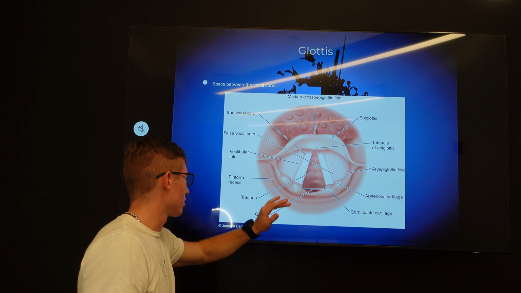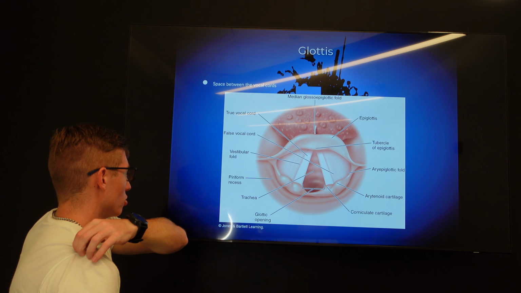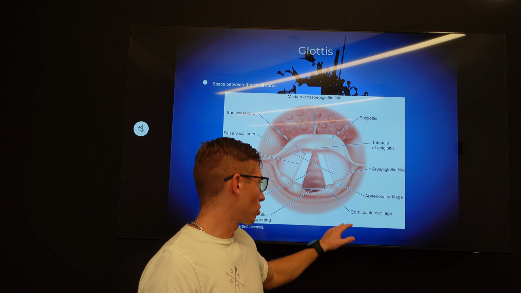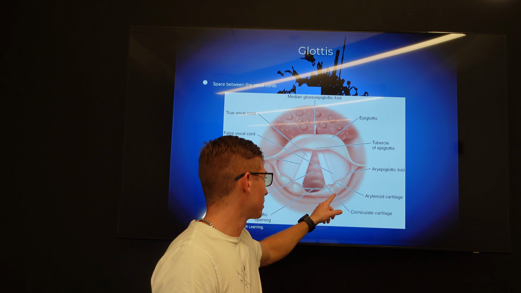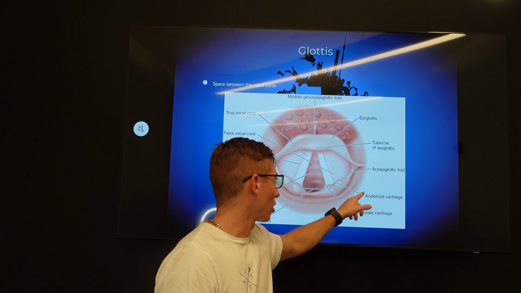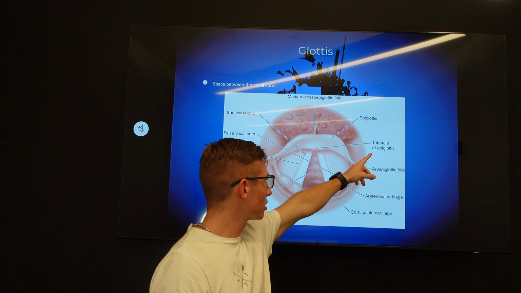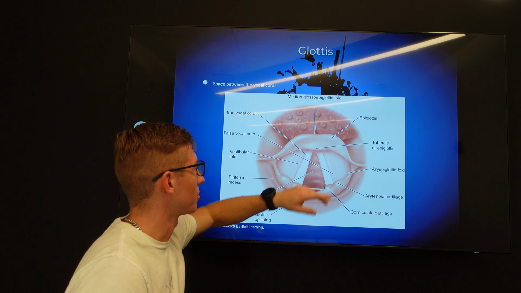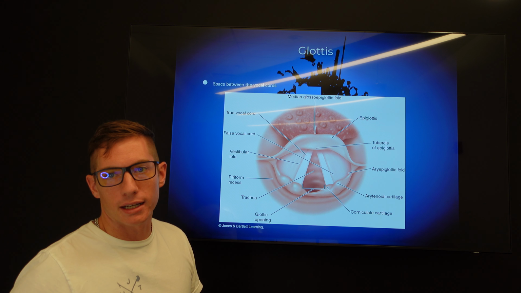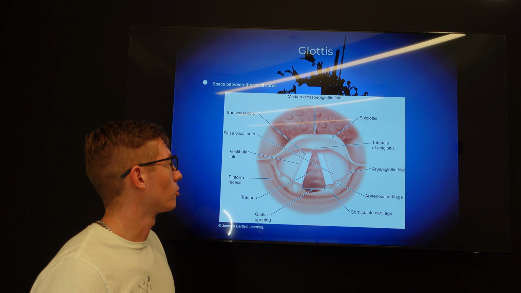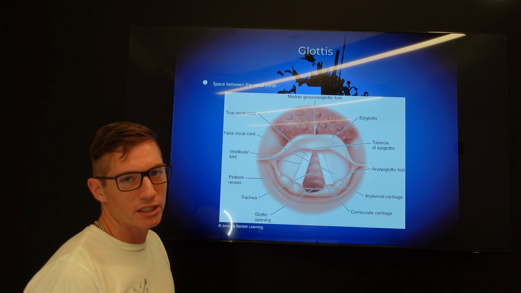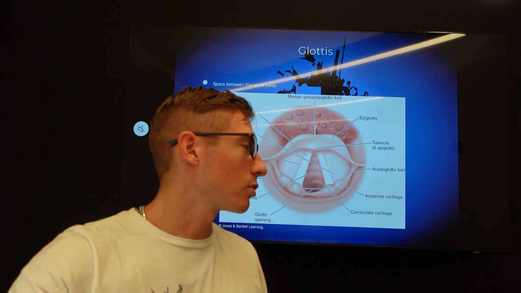Then you have your trachea, that is what you're aiming for, and your glottic opening. You also have your corniculate cartilage, arytenoid cartilage, aryepiglottic fold, tubercle of the epiglottis, and then your epiglottis. I would reread and go over that three more times, say each word, because there are a lot of anatomical words in here.